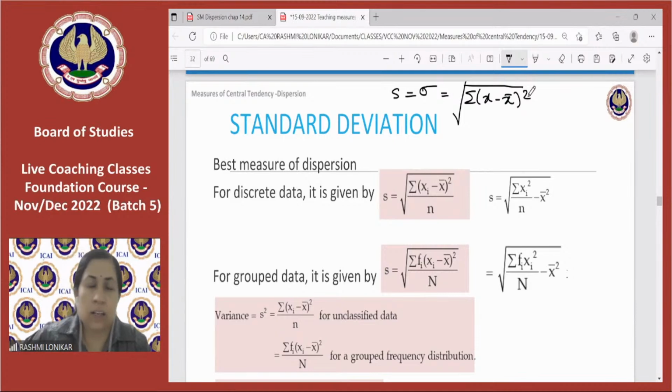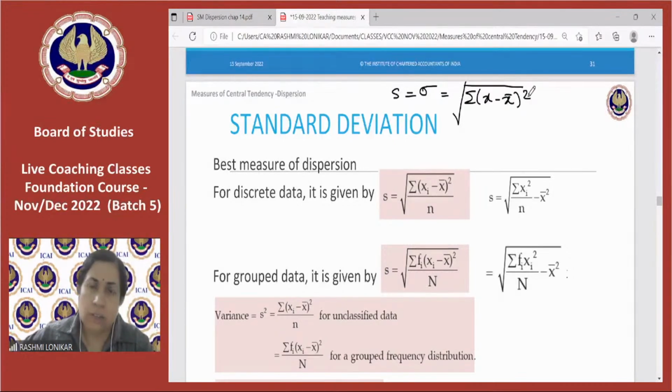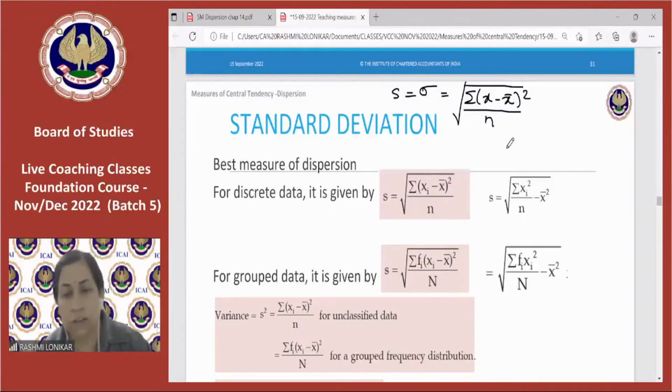In earlier sums we have calculated the deviation from the mean. You find the deviation from the mean, then you square it, and then you find the total of that. Then this is divided by n or summation f, and this is your standard deviation, which is also written as the square root of summation x square upon n minus x bar square.